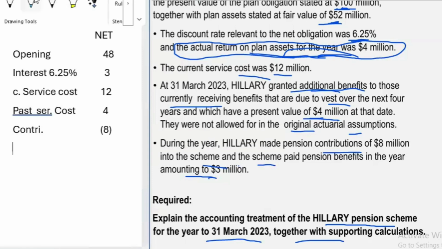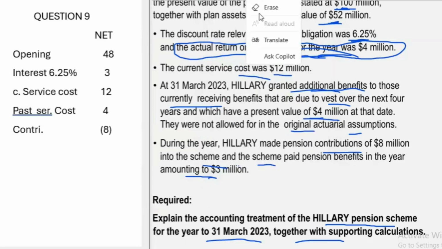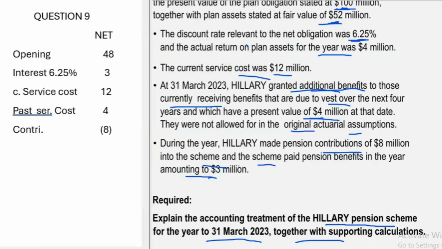Look at this here. It says the actual return on the plan asset was 4 million.